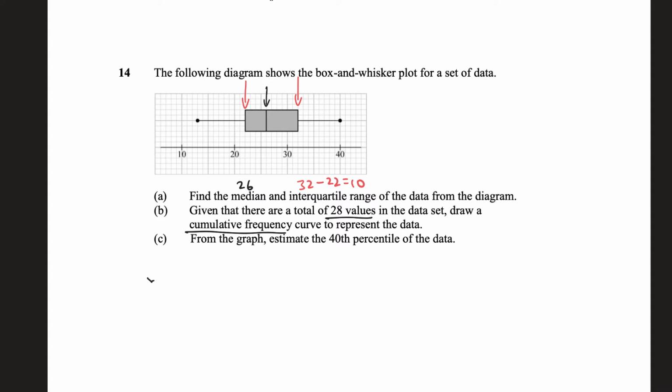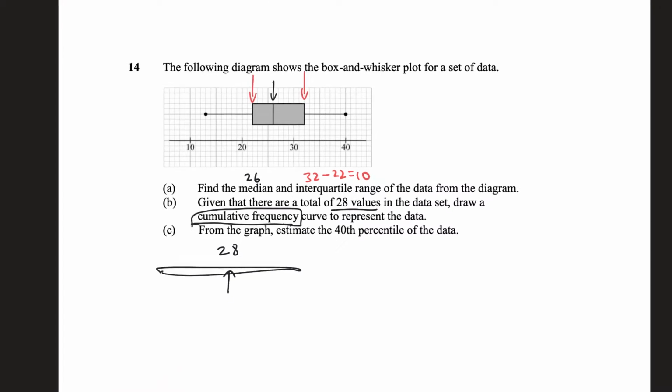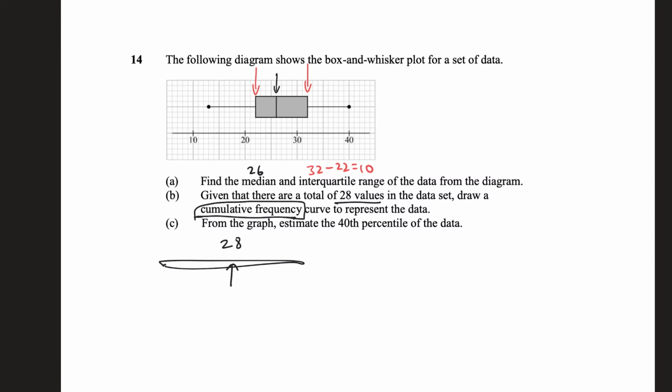We have 28 values, but for a cumulative frequency curve, we just divide it by 2. We don't have to find the in between of two values, because cumulative frequency curves are representations of continuous data and not discrete data. I won't go too much into that in this video. Just know that right now you can take 28 divided by 2 to get 14.